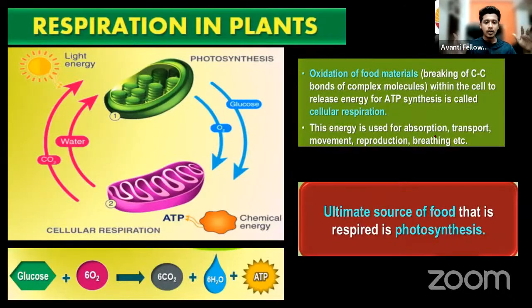So fine. Let us start today's chapter, that is respiration in plants. Before we go into the details of this topic, let us understand generally what respiration is and why all organisms have to respire. If you see any living organism, whether unicellular or complex multicellular, all of us breathe, right?